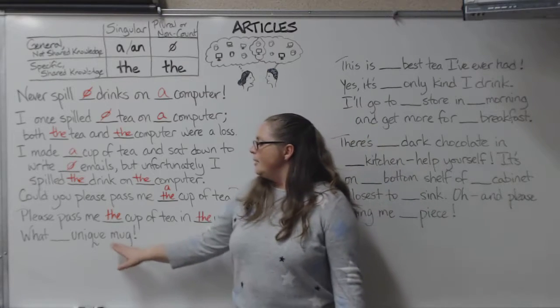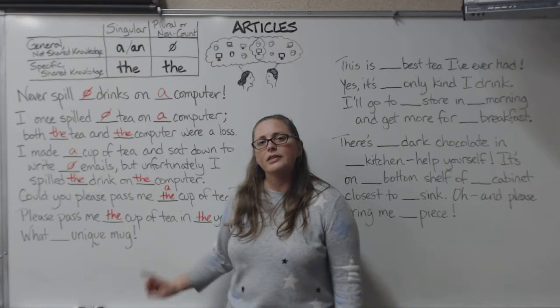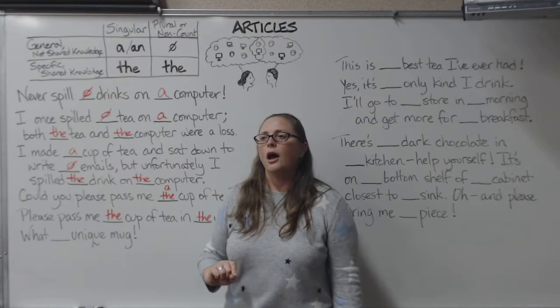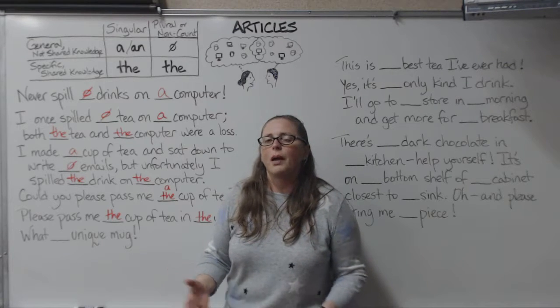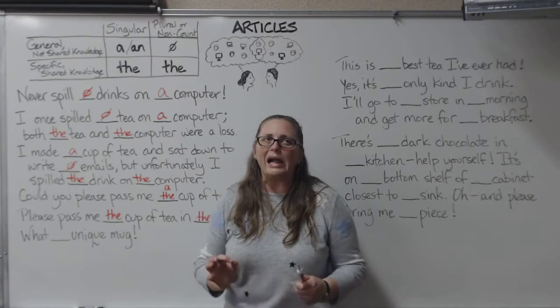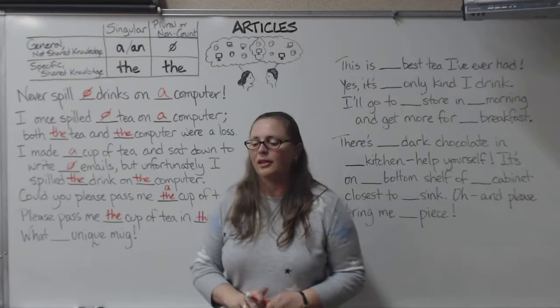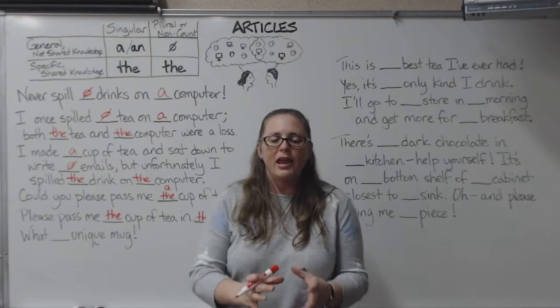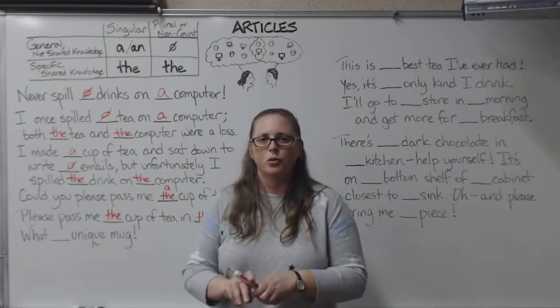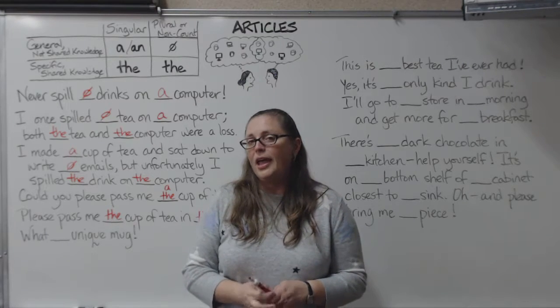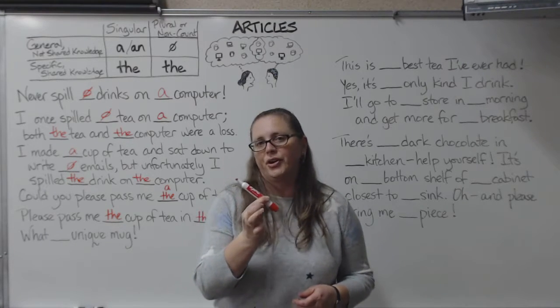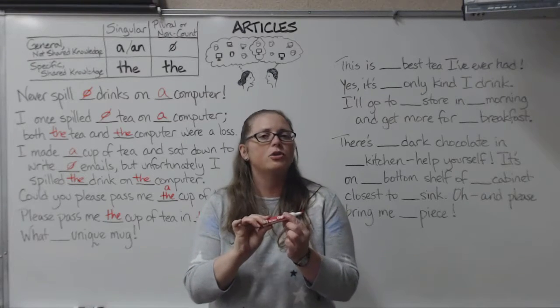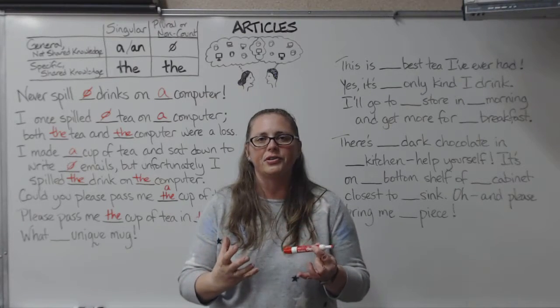Okay. Down here, this is another instance that you just need to remember when you are classifying something. Classifying means that you are saying that something belongs to a certain category. If I say this is a marker, I'm saying that this belongs to the category of markers.